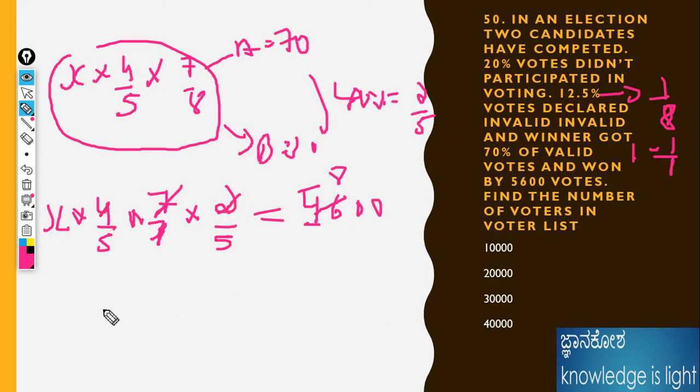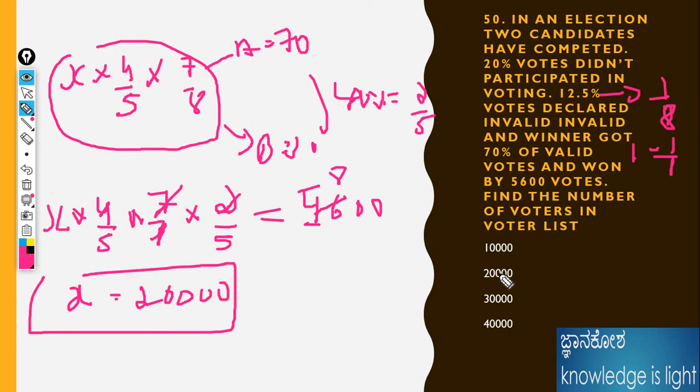Therefore 25 into 80, 25 8 the 200, that should be coming as 20,000 is the total number of votes present in the voter list. 20,000 is the number of voters in the voter list.